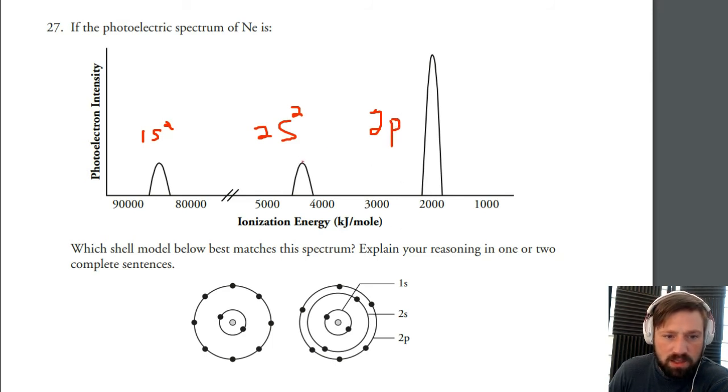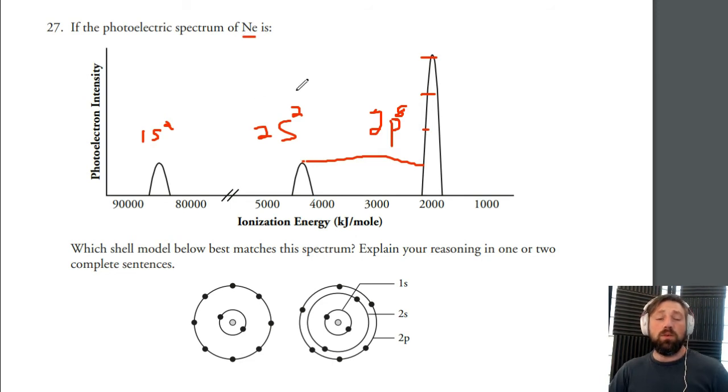If I look, that's about 1, 2, 3, 4, 5, 6, 7, 8. It's about 4 times as high as the 2 electron peak, so it's going to be 8 electrons. So it's 2p8. And they even told us that this is neon, so we already know what neon's electron configuration is based on our periodic table knowledge.